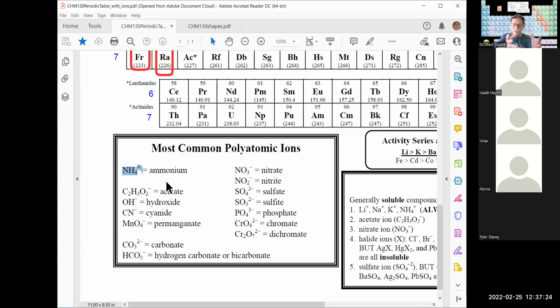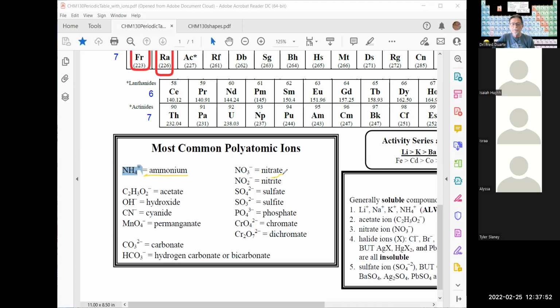Now, because of the nature of these ions, they have a charge, either a positive charge or a negative charge. You notice the majority of them are negative charge, or anions. And yes, there are some positive ones, but the one we're going to use a lot is the ammonium. These polyatomic ions have a specific name.